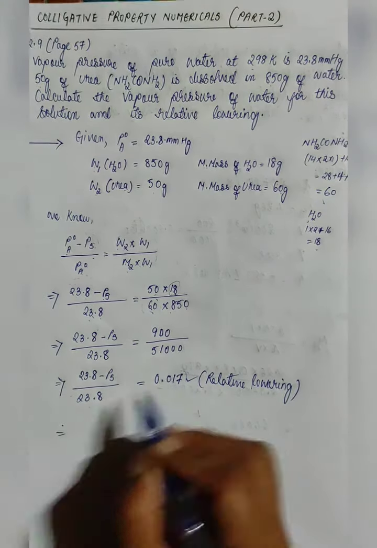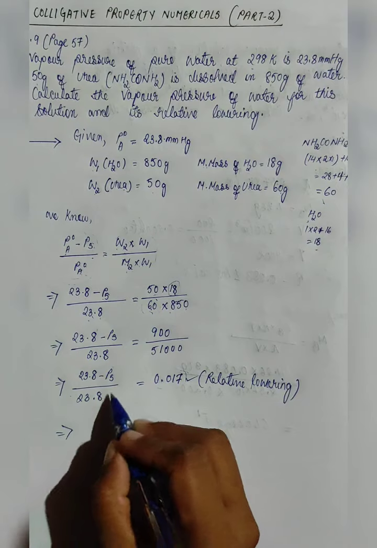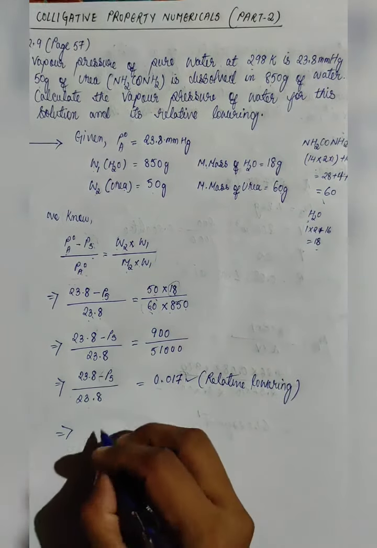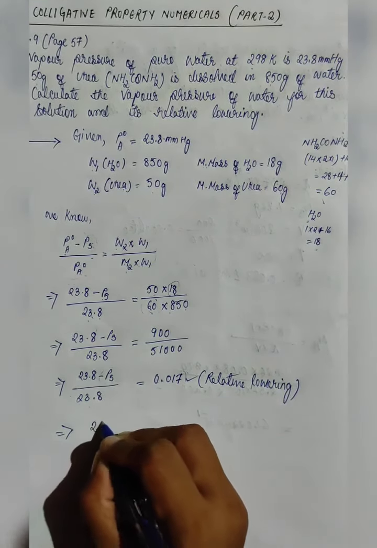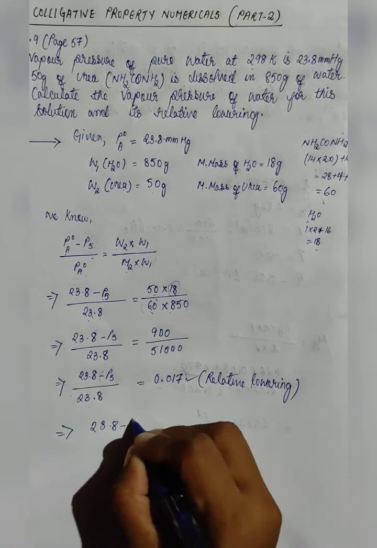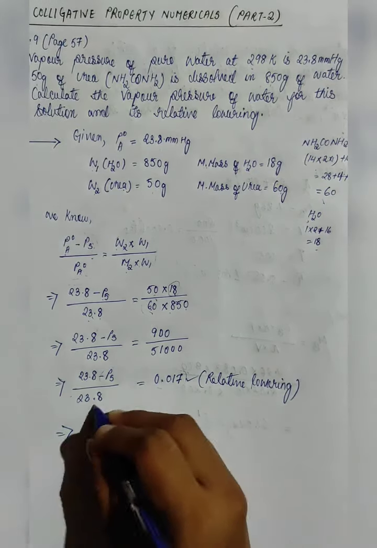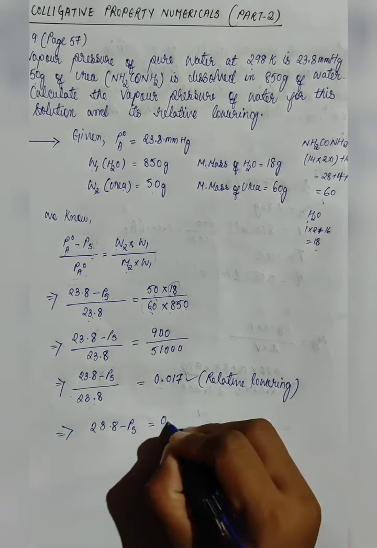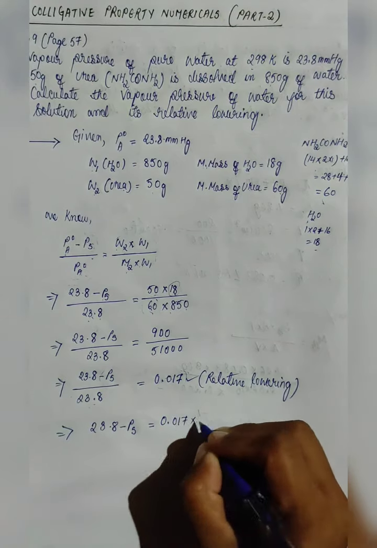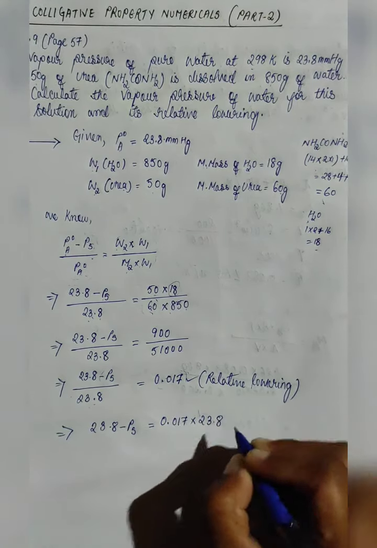Now we already got this value, so upon cross multiplication we can easily find this value as well. So 23.8 minus PS is equal to, upon cross multiplication, 0.017 into 23.8.